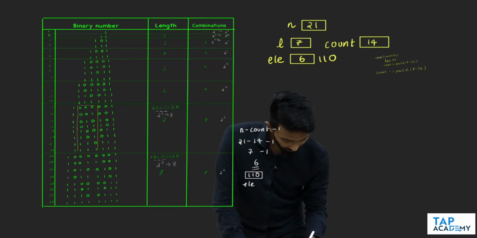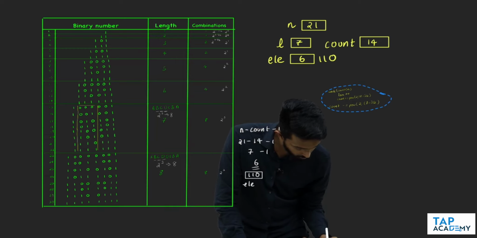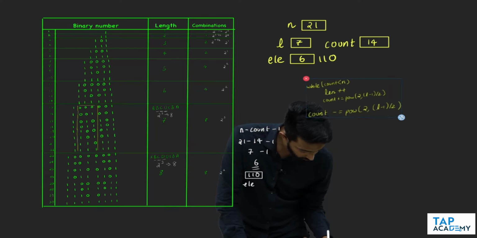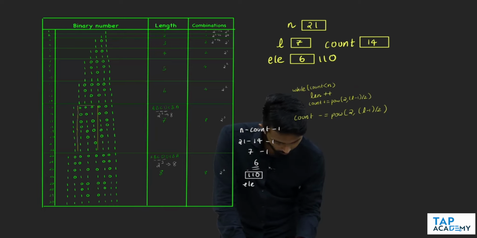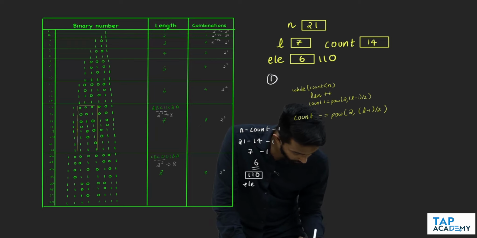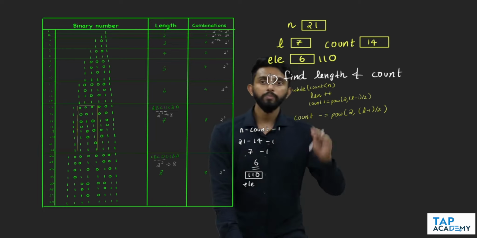So you need to find length and count. This is how you will find length and count. So this is your step 1. What is your step 1? Find length and count. This is my first step.